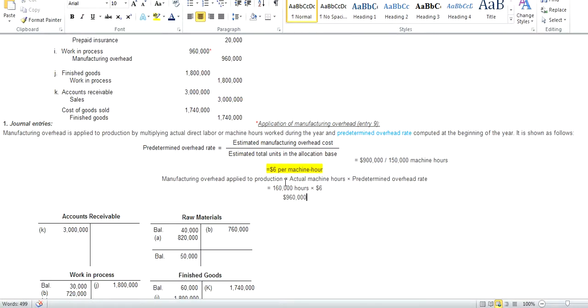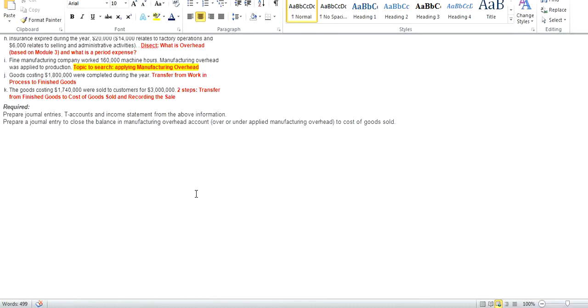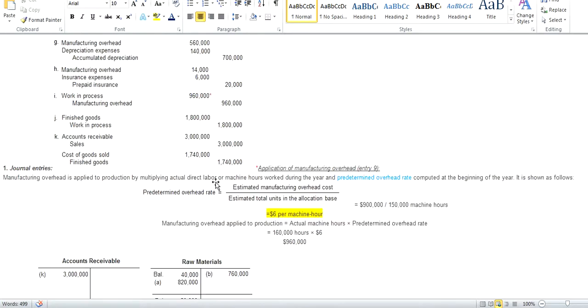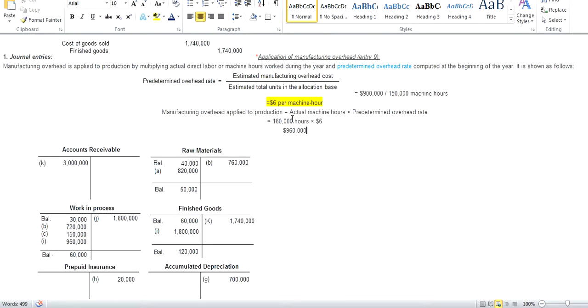And we're told that what they actually used was 160,000 machine hours. So very simply, we take 160,000 machine hours, multiply it by a $6 rate, and then we have a $960,000 overhead that is applied to production. And the journal entry here will be a credit now.